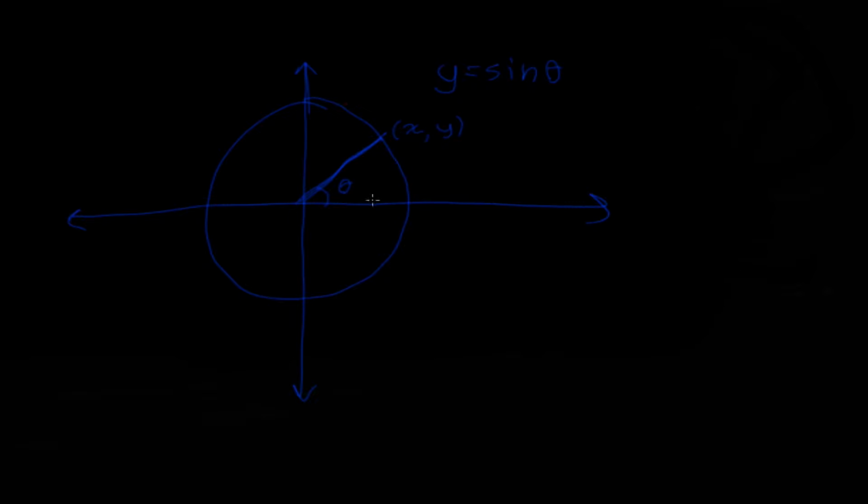You can imagine flipping up this part of the x-axis and making an angle in between, and the x-coordinate of the point where it intersects is equal to the cosine of that angle.